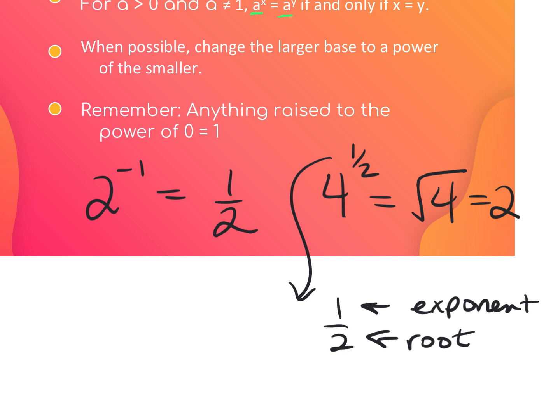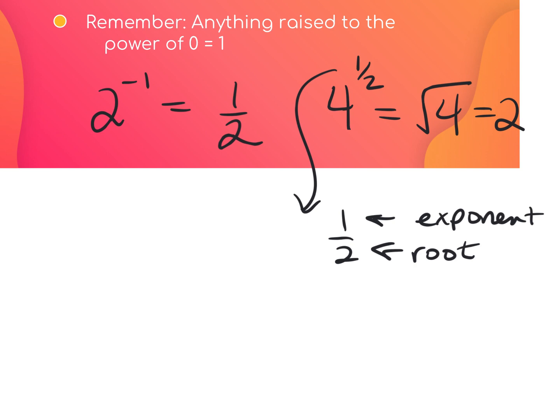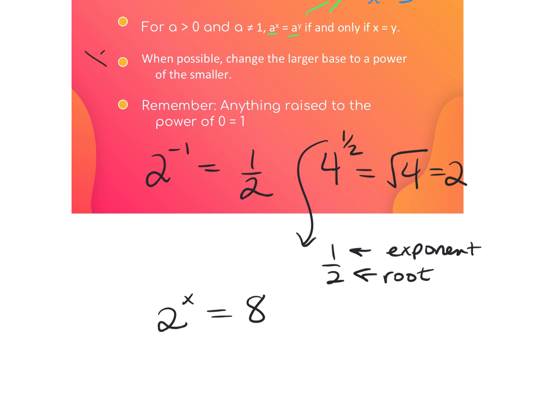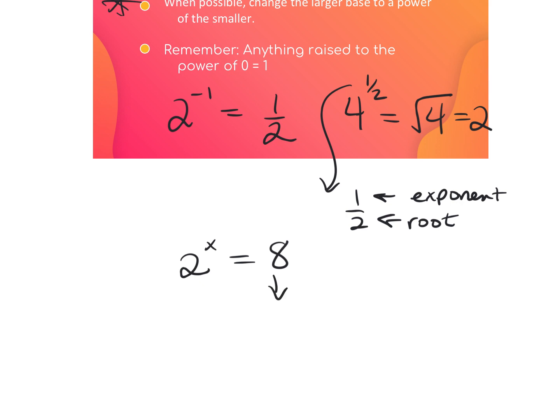Let me also show you, let's say we have 2 to the x power equals 8. So up above, it said, when possible, change the base of the larger number to a power of the smaller. So I'm going to change this 8, and this is where you're going to need to memorize some common powers.